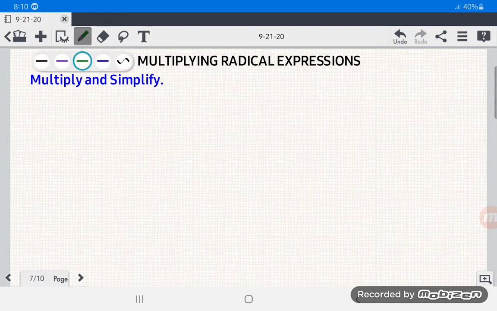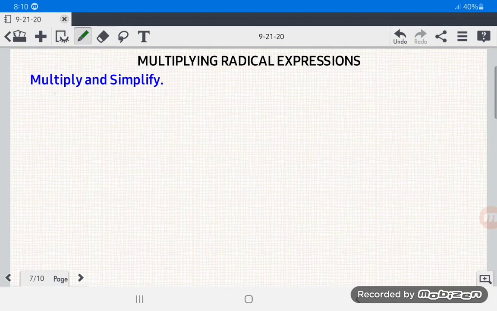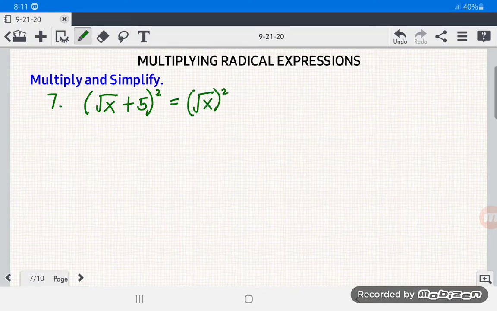Next, number 7. Let's say, for example, we have square root of x plus 5 squared. Again, using the concept of finding the product of the square of a binomial, we're going to get the first term, then square it, plus twice the product of the first term and the second term, so times 5.